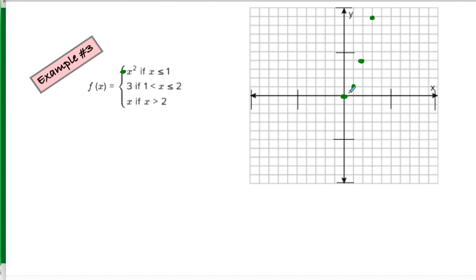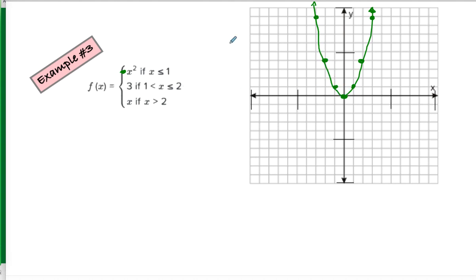Now, I'm going to leave that, and I know that they only want for x values less than or equal to 1. So I'm going to mirror that over here, right? And I'm just going to hold on to that entire parabola for a second.